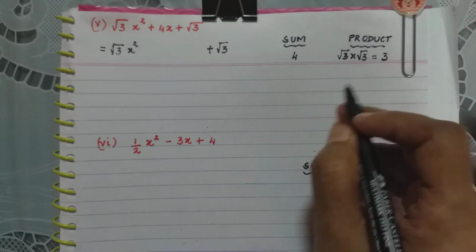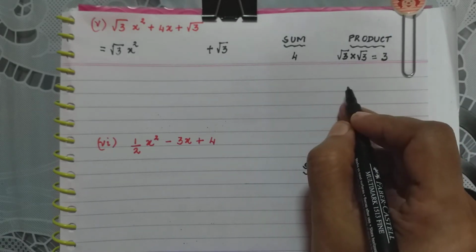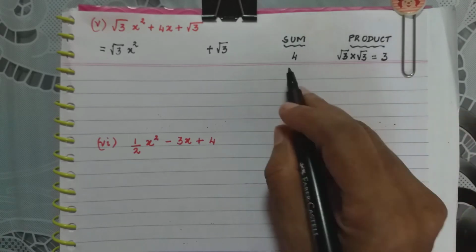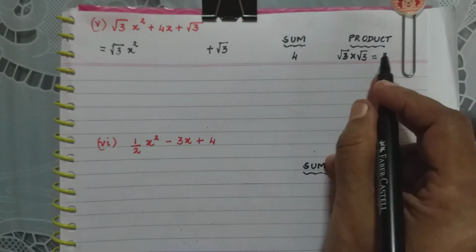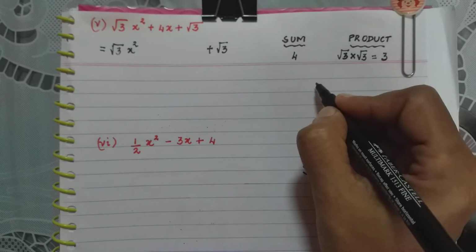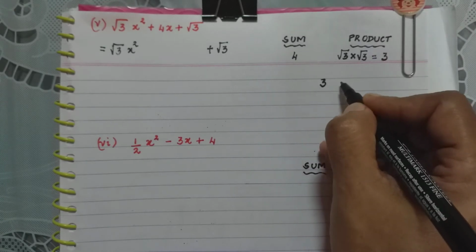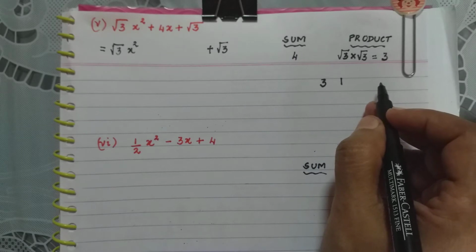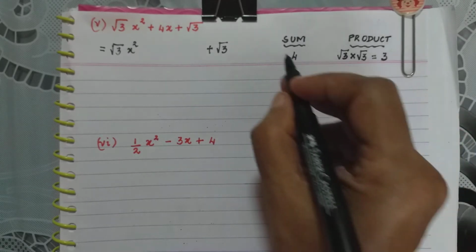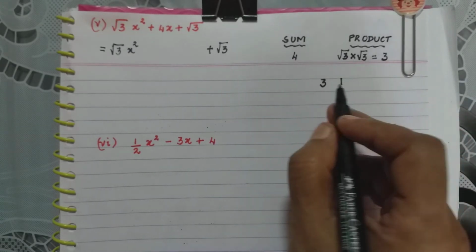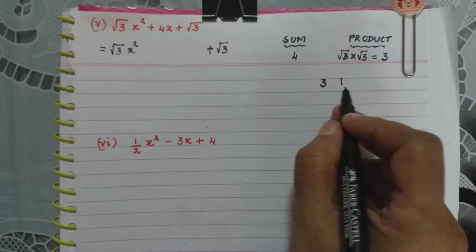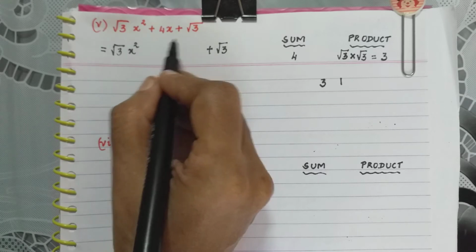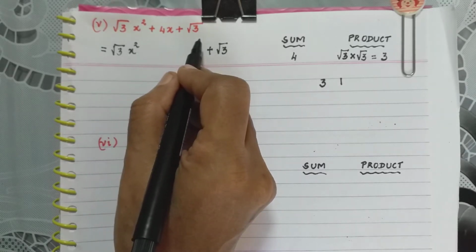Okay, now which can be the two factors where the product is 3 and the sum is 4? We know when the product is 3, there can be only a pair of factors, that is 3 and 1, no other pair of factors. When we add this, can we get 4? Yes. And do we have to bother about minus here? No. Why? Because the trinomial which is given to us, all of them are positive.